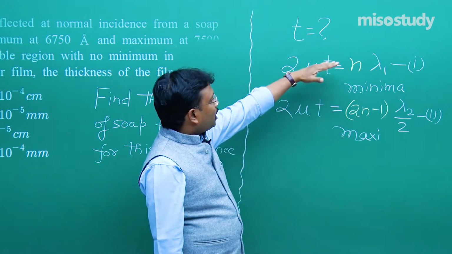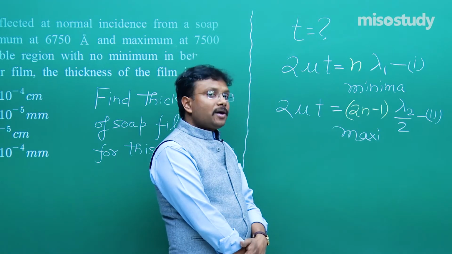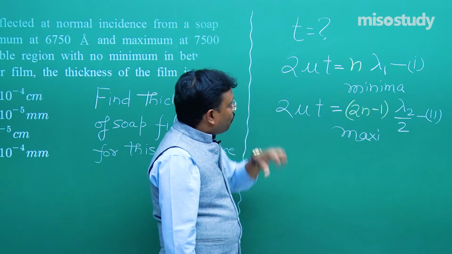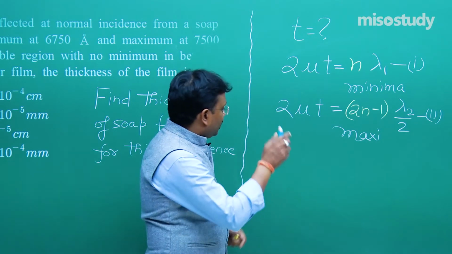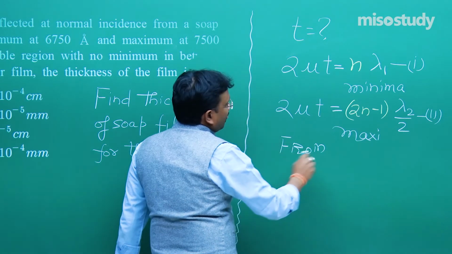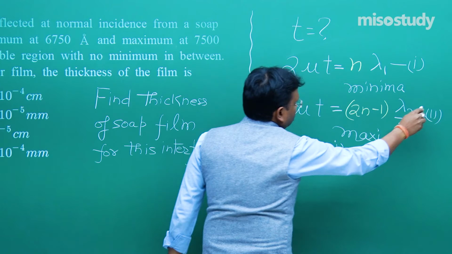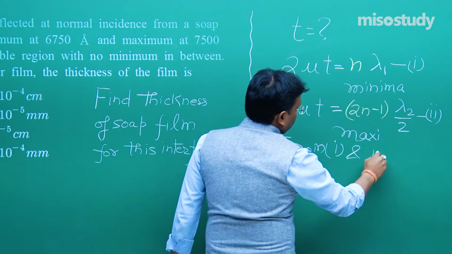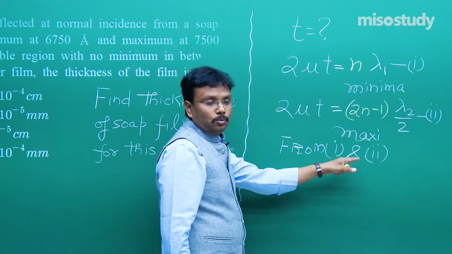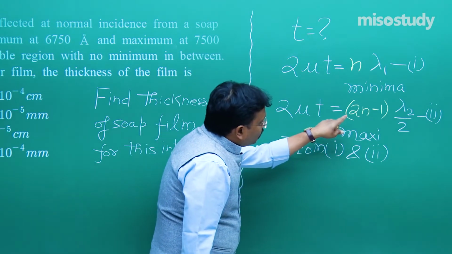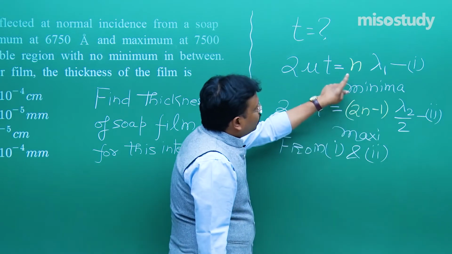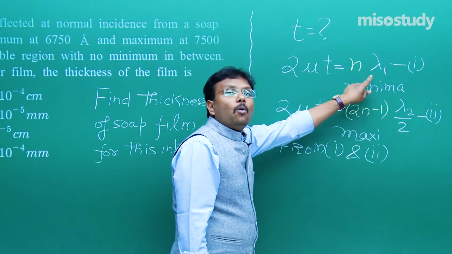Now in equations number 1 and 2, what can you say about the left hand part? Equal. So from equations 1 and 2, we can write 2n minus 1 into lambda 2 by 2 is equal to n lambda 1.